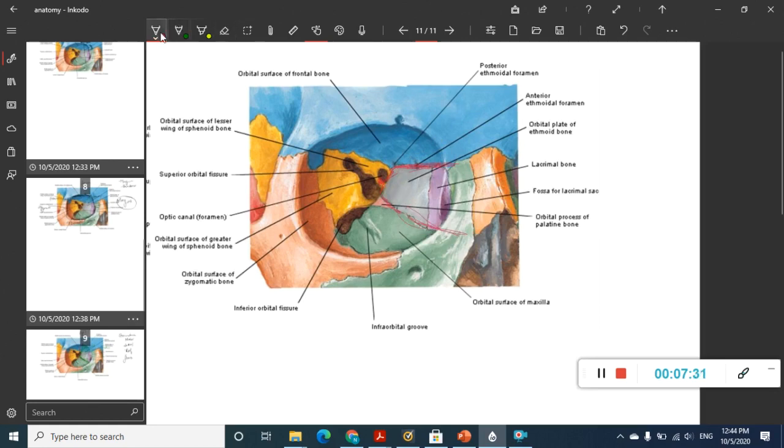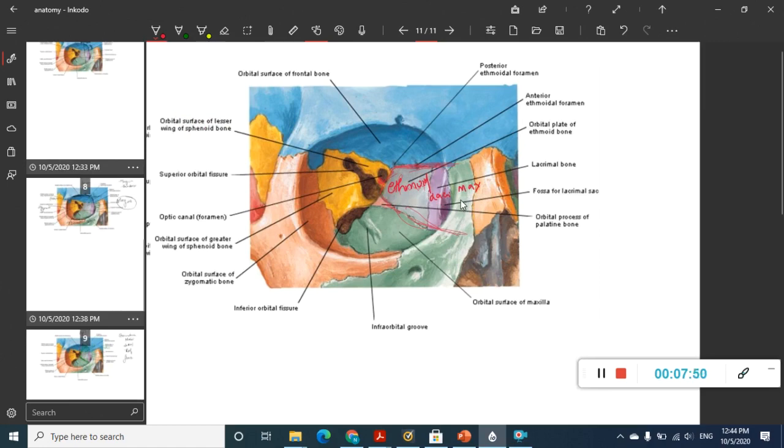Okay, what are you going to see in the medial wall? In the medial wall you have the ethmoid bone which you are seeing here. Okay, this is the lacrimal bone. Okay, this is the maxilla.